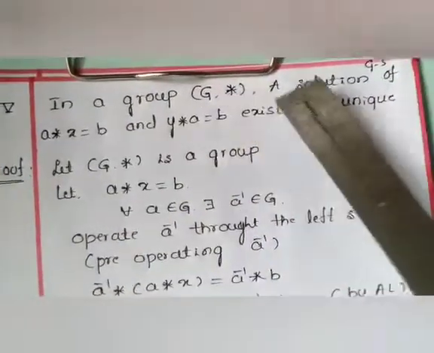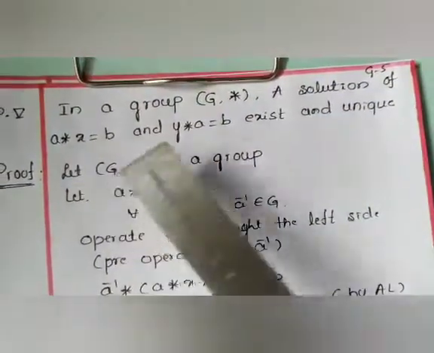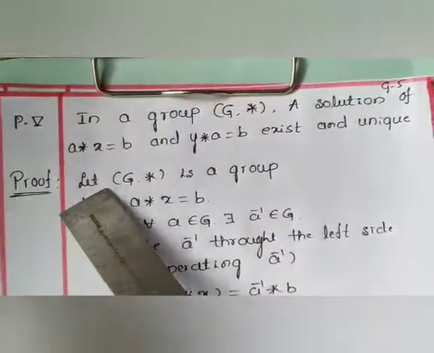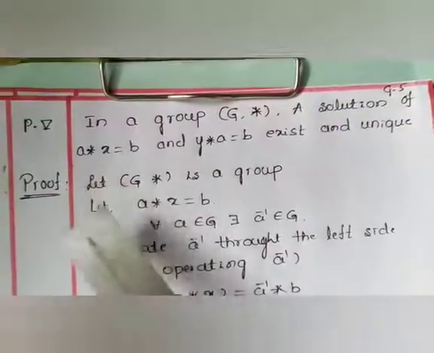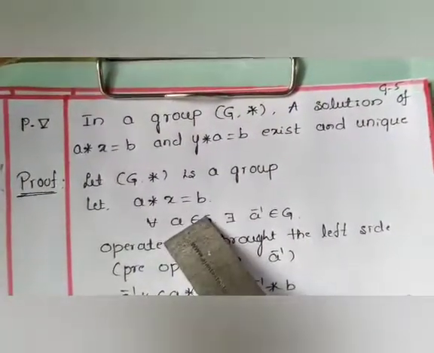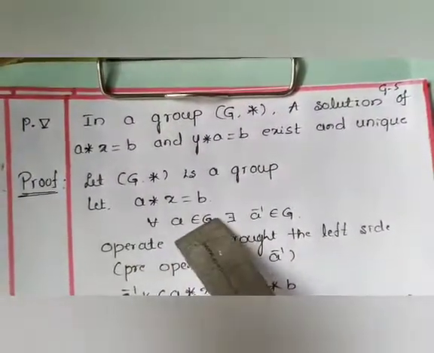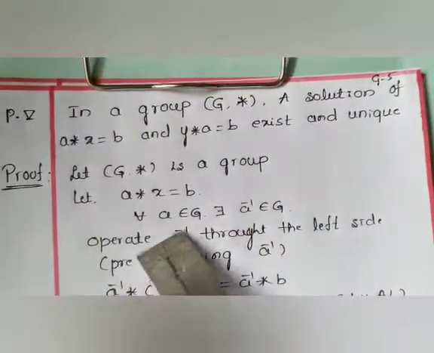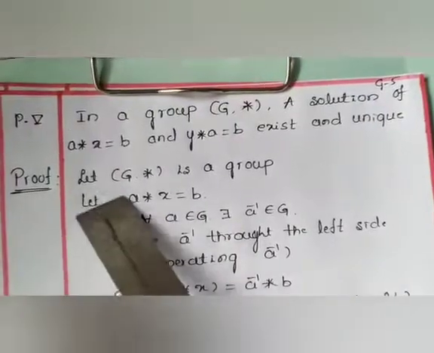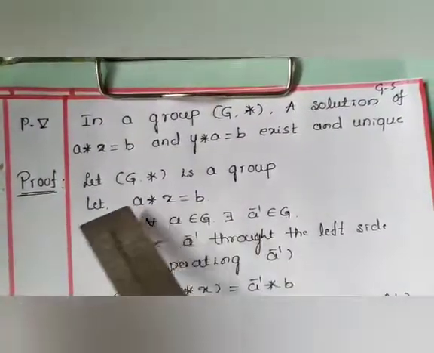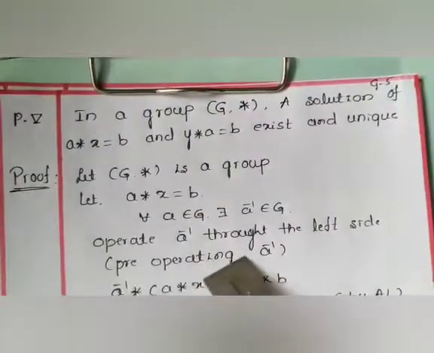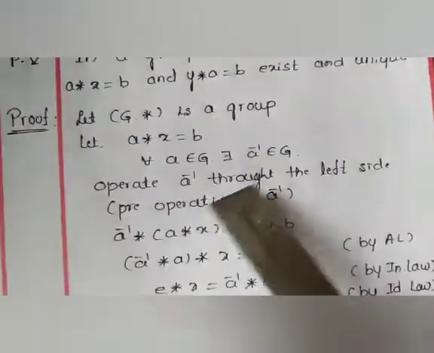In a group (G, *), a solution of A star x equal to B, y star A equal to B exists and is unique. Start the answer, proof. Let (G, *) be a group. What is our equation? A star x equal to B. If A is in G, then A inverse is also in G because of the inverse law. Operate A inverse throughout the left side on both sides of A star x equal to B. That left side multiplication is called pre-operating A inverse.